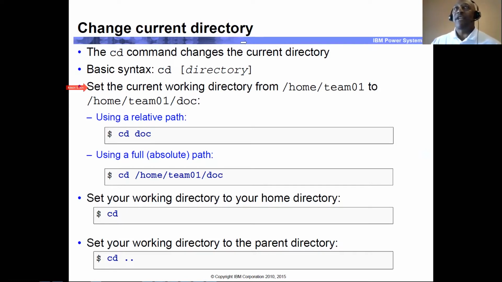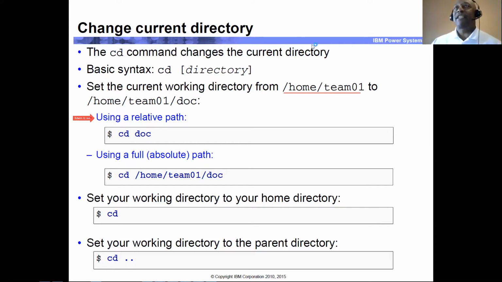The current working directory is /home/team01, but the customer wants to move from /home/team01 to /home/team01/DOC. I'll give you examples here using relative path, which says what? From the current directory. Absolute path always begins with what? A slash, absolute full path. So relative to where we currently are, which is /home/team01, if we know the directory structure, of course, we just type CD DOC.